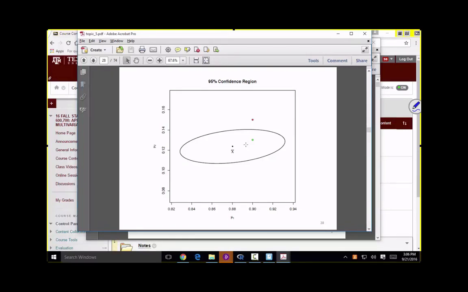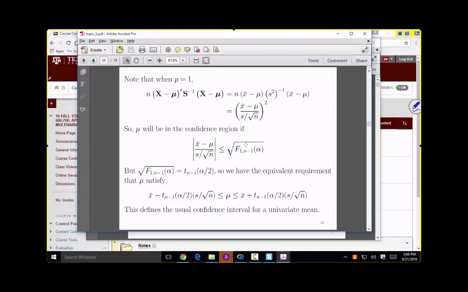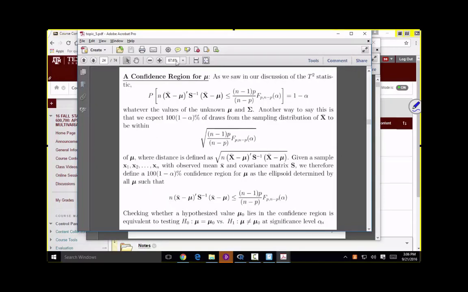We took our n by 2 matrix of numbers, and we were able to compute this ellipse. The way that we computed it, remember, comes from that t-squared statistic we computed. Because we know the distribution of this t-squared statistic, it has that distribution.